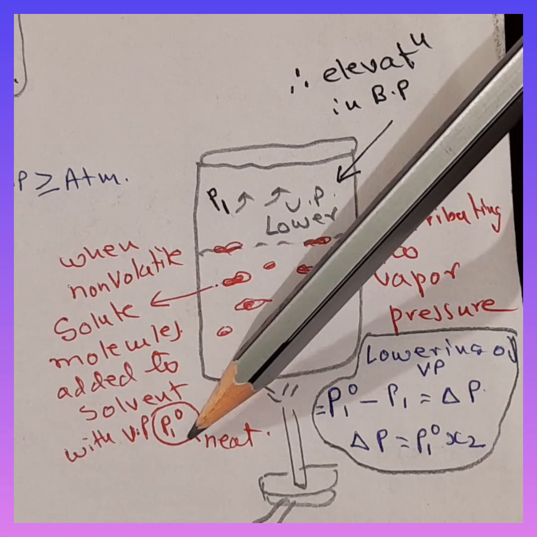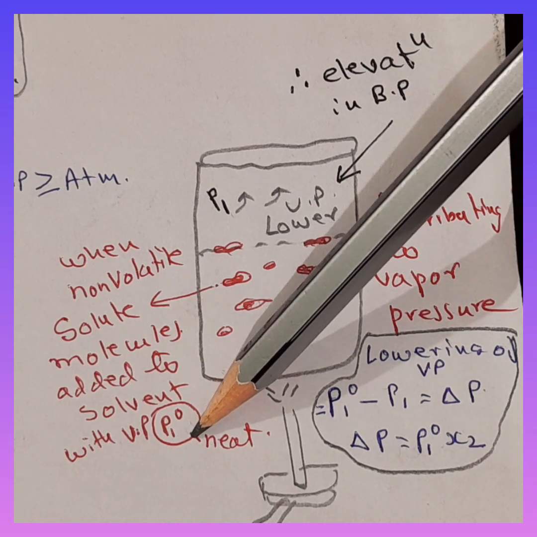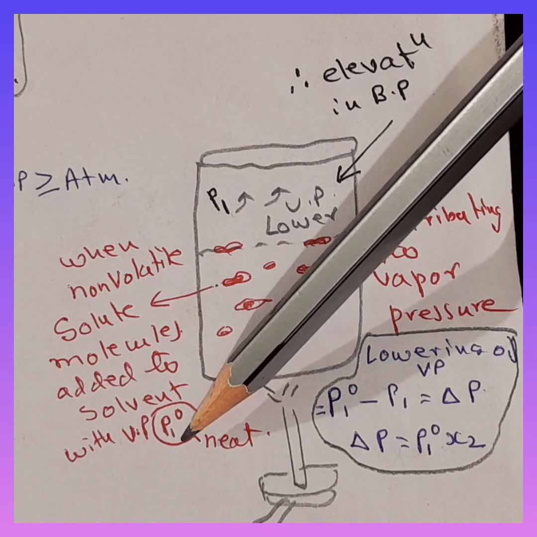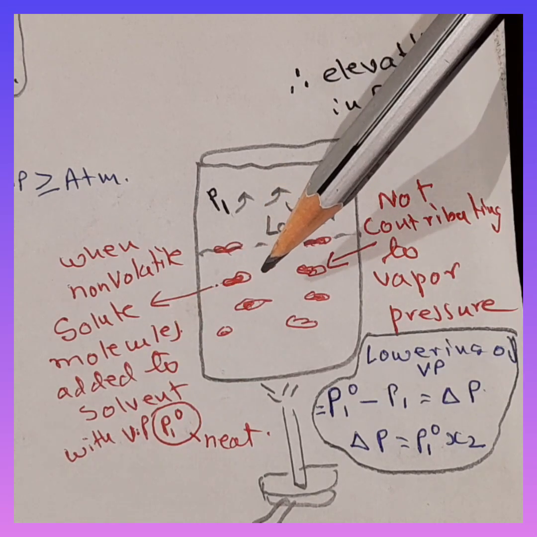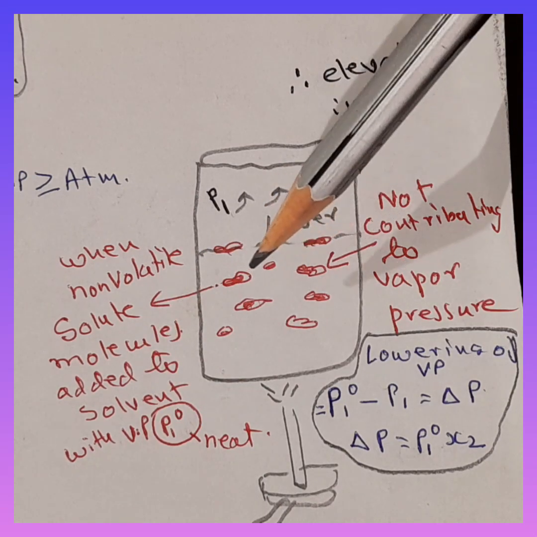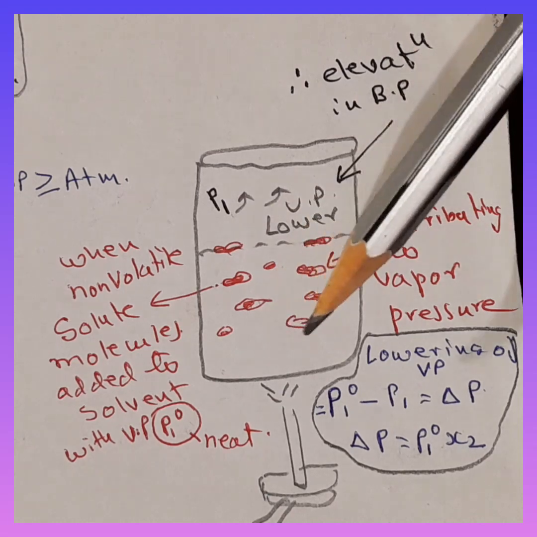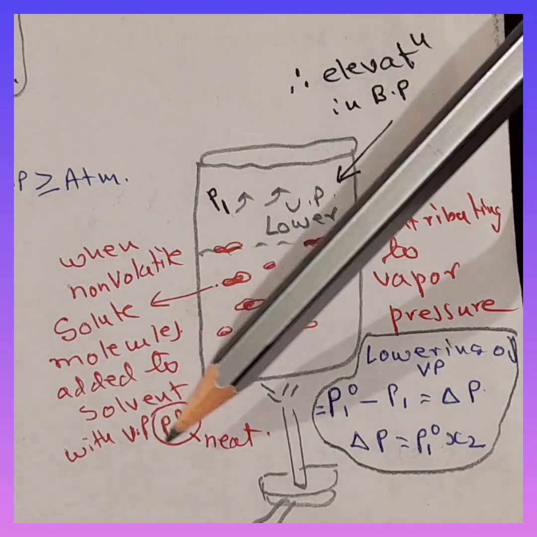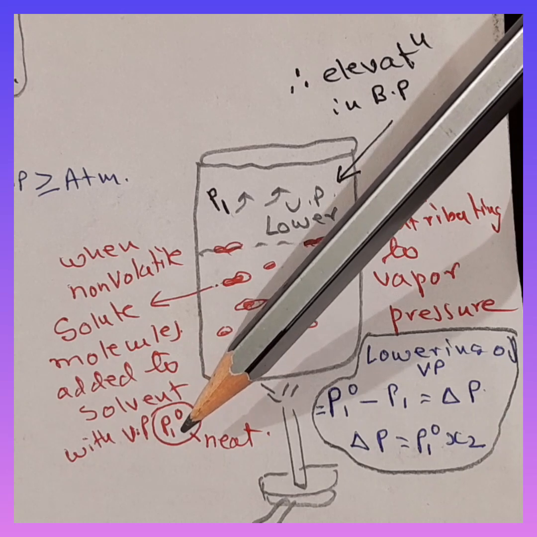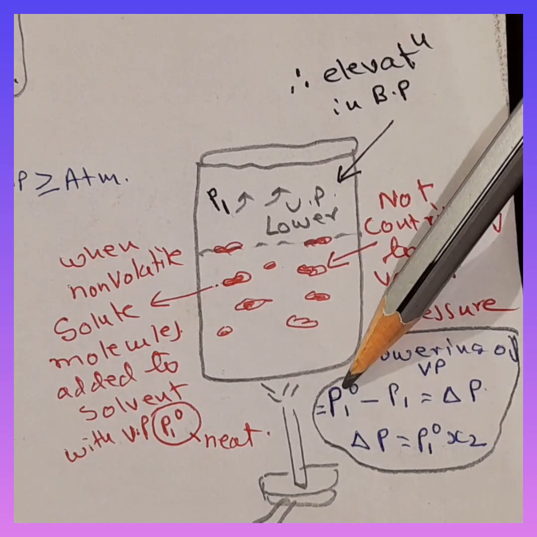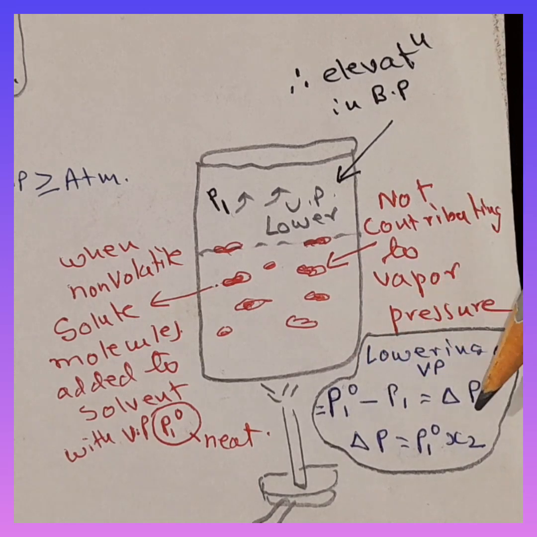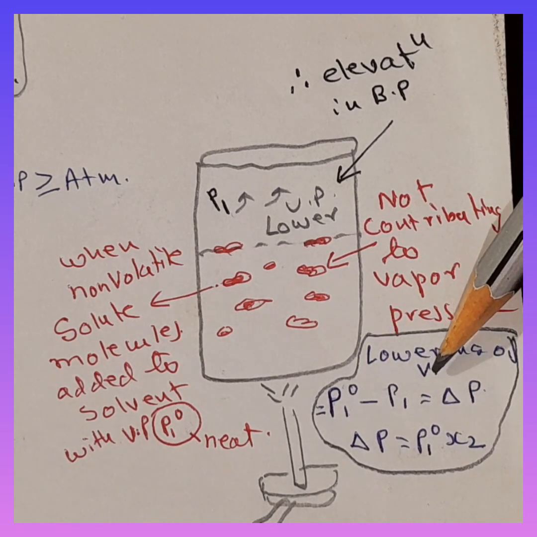We know the vapor pressure of neat solvent was higher than the vapor pressure of the solution now. So the vapor pressure has been lowered. By how much? If we take the difference, P10 minus P1, that is the lowering of vapor pressure.